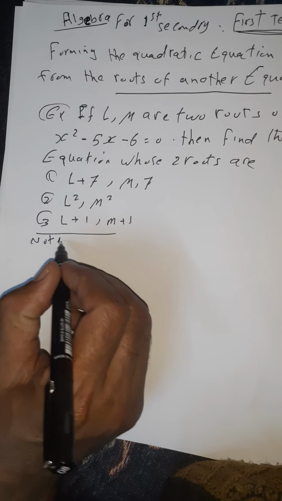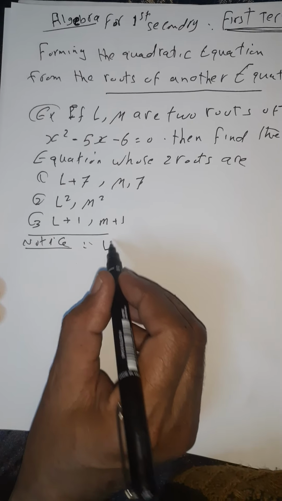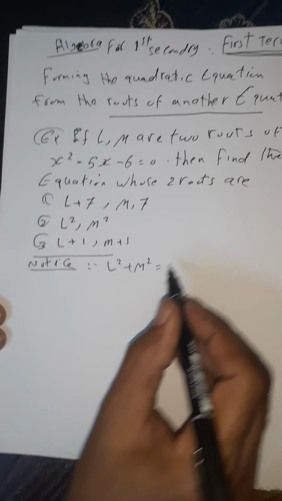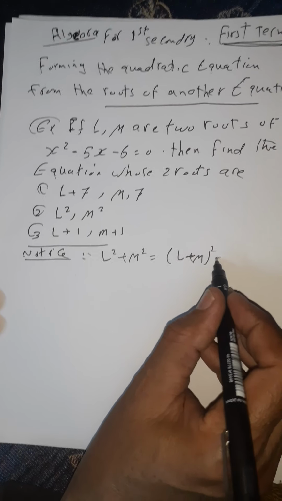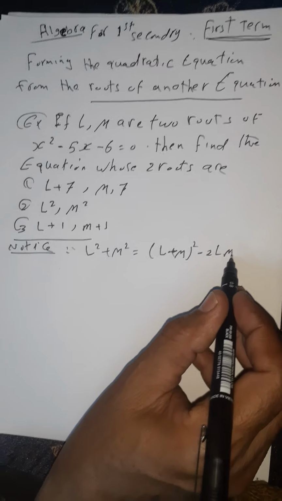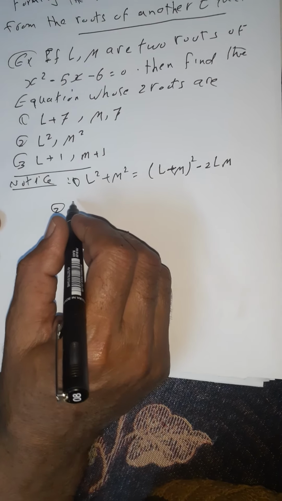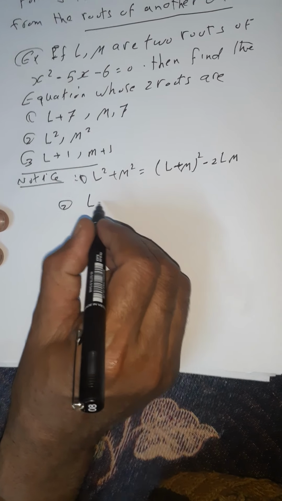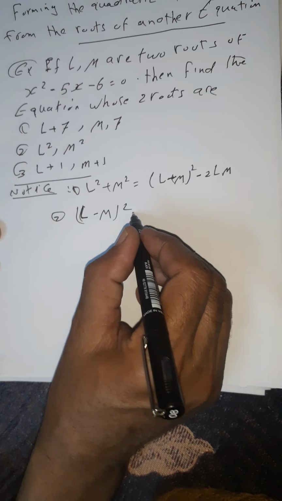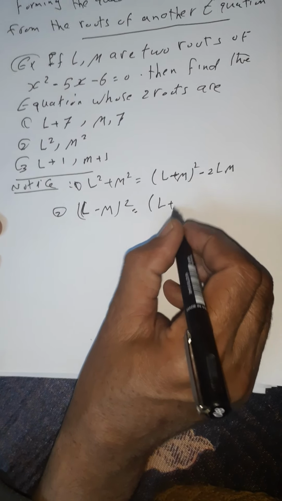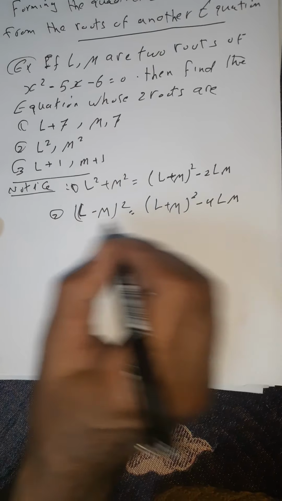Notes. If we need L power 2 plus M power 2, it equals L plus M all power 2 minus 2LM. Notes number 1. Notes number 2: L minus M all power 2 equals L plus M all power 2 minus 4LM.